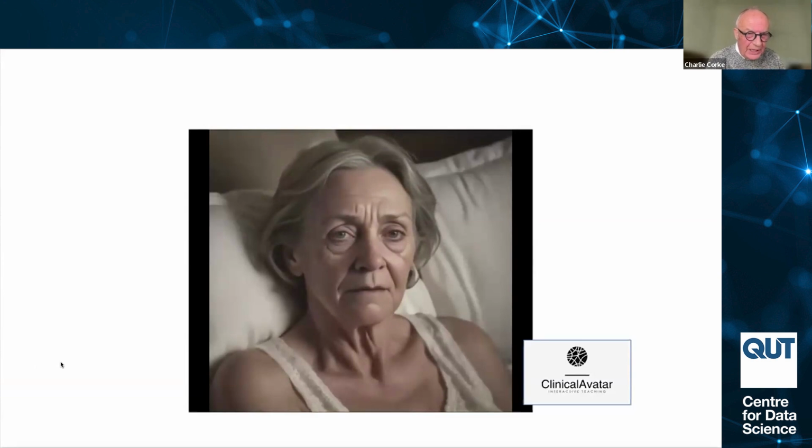And we can calibrate the avatar to be more gentle or more forceful, or we can tell it to pick the one major point for them to work on, or we can offer a whole range of other points. They can query the feedback they get back. It all works incredibly well.